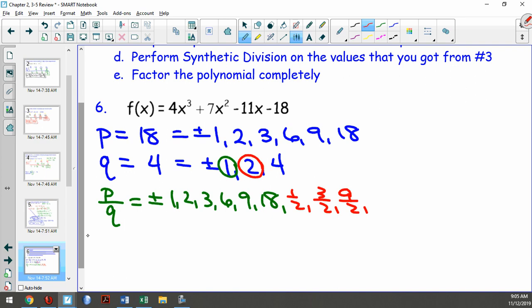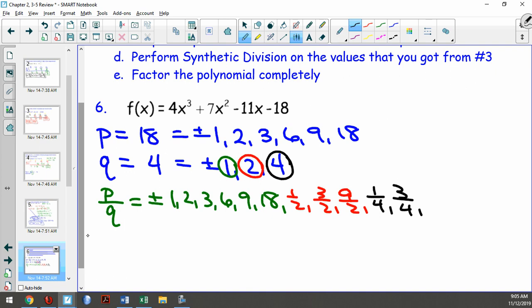So now I'm going to go to the next one, which is going to be the 4. And I'm going to divide each of those terms by 4. So that's going to give me a 1/4. 2/4 is what? 1/2. 3/4 I don't have in there. 6/4. What's 6/4?